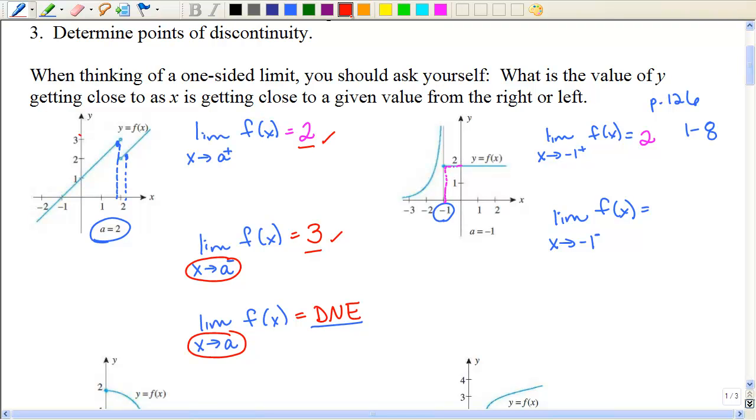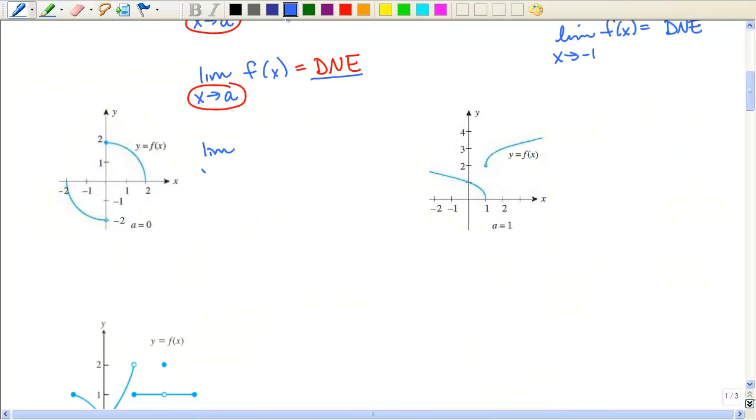If we go from the left-hand side, a little bit less than -1, we come way up here, and it looks like that would just keep going forever. So positive infinity, or really that limit does not exist. If I ask what is the limit as x approaches just -1, because these don't match, it does not exist.